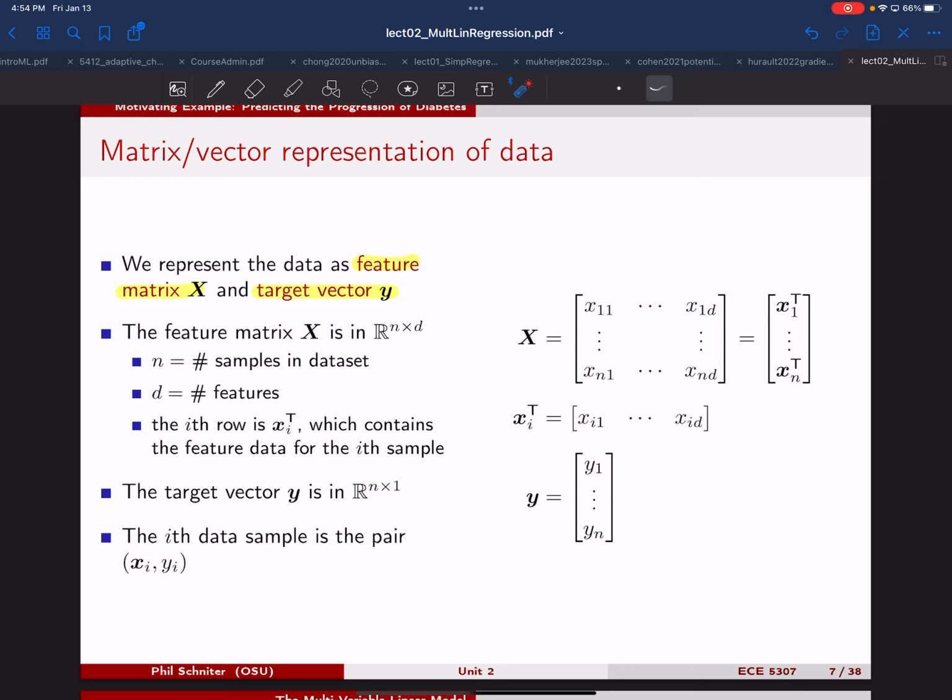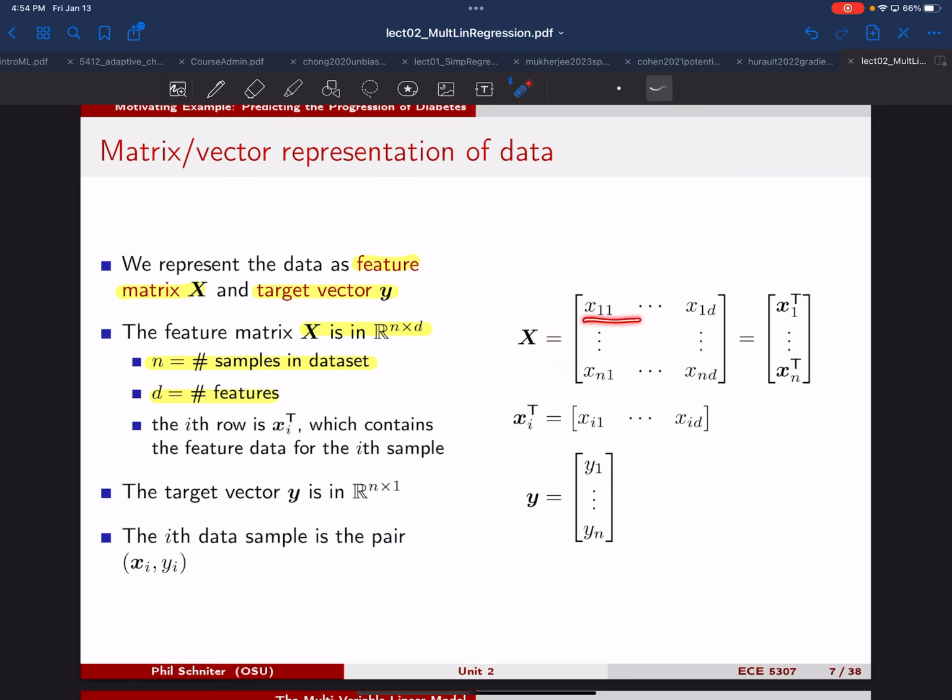Okay, so the feature matrix is going to have dimensions n by d. As we saw last time, n is always going to be the number of samples in our data set. And now this is a new thing: d is going to be the number of features, the number of predictors we're going to use. So here's this X matrix. As you can see, it has n different rows and d different columns.